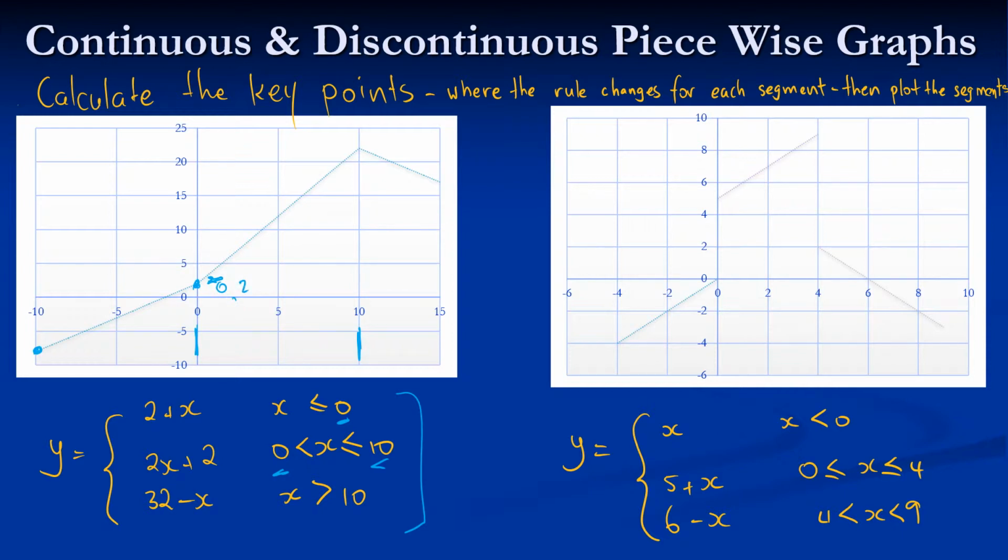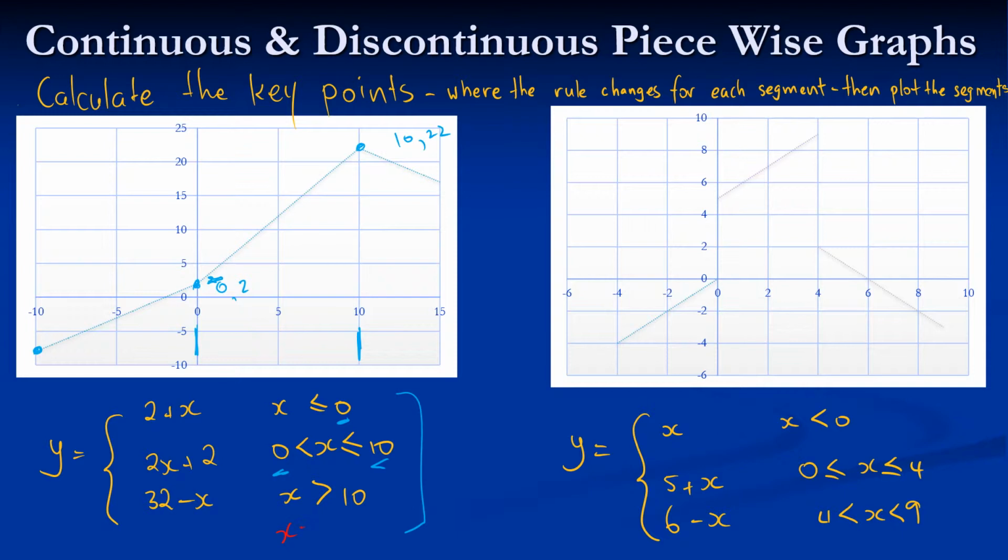And then we've got 2 times 10, which is 20, plus 2 is 22. So that's going to be our next value: 10, 22. And then we can just finish off with the final set. y equals 32 take x, when x is greater than 10. So we just say, well, 32 take 10. Well, that's 22 when x equals 10.